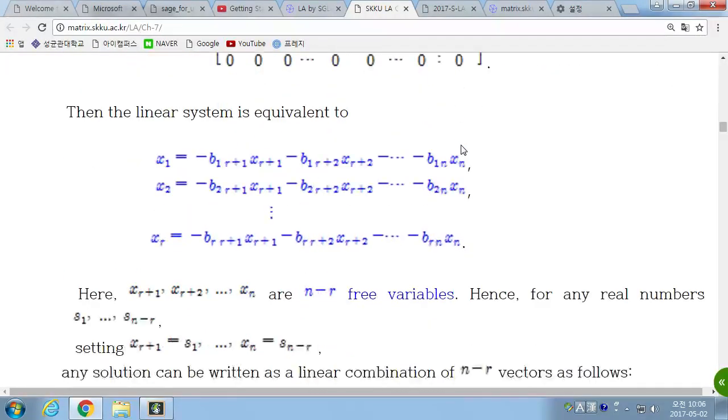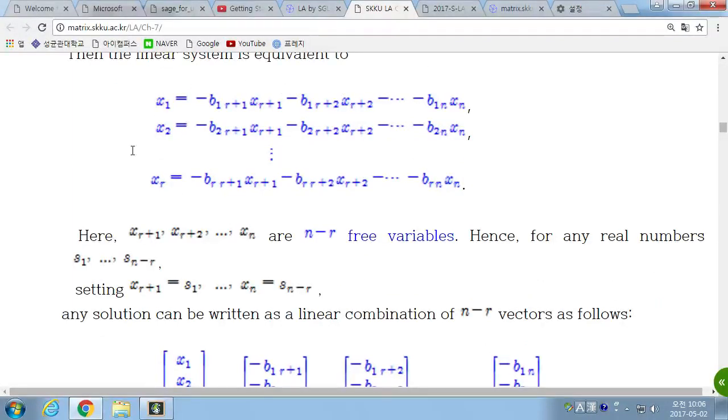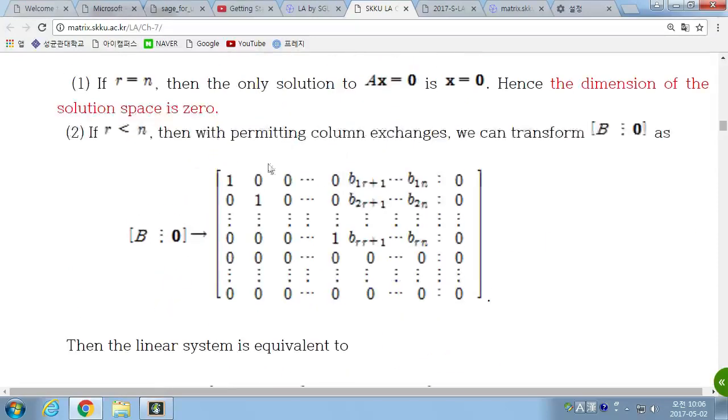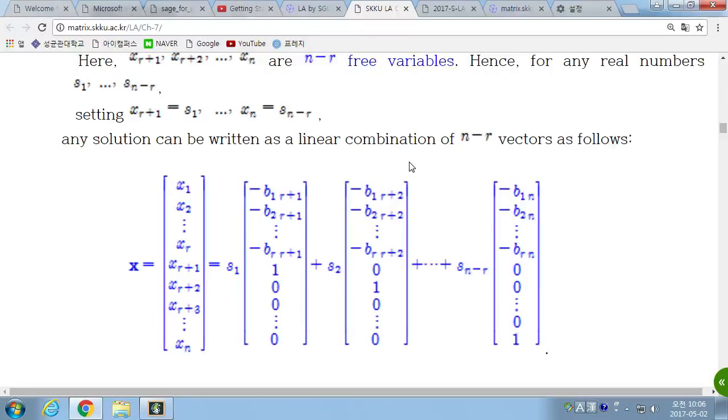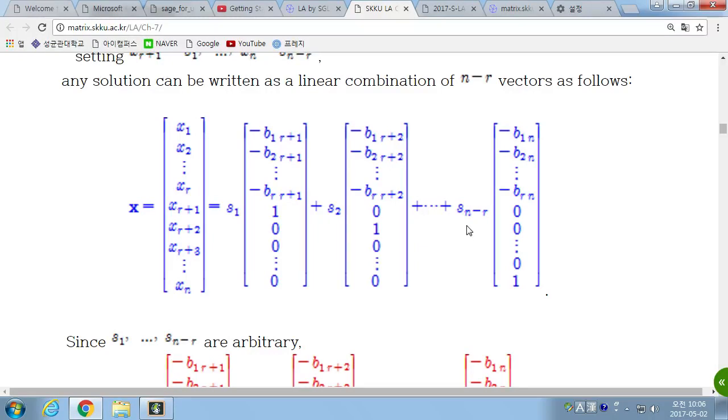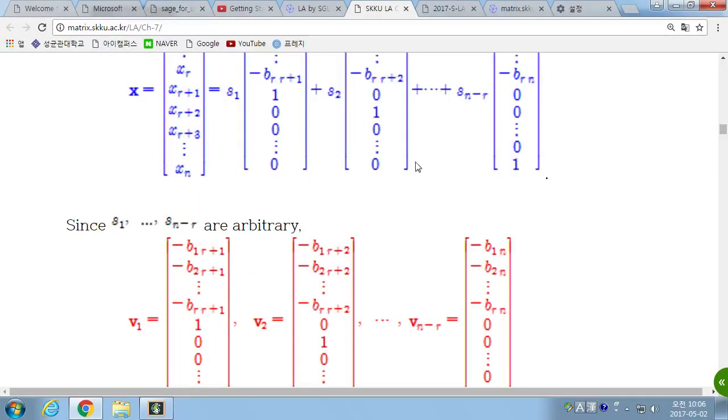Then this linear system is equivalent to this linear system of equations, which has n minus r free variables, because we have r leading ones, so we have n minus r free variables. So if you assign scalars to those n minus r free variables, then all solutions can be written as a linear combination of these vectors, which are linearly independent.